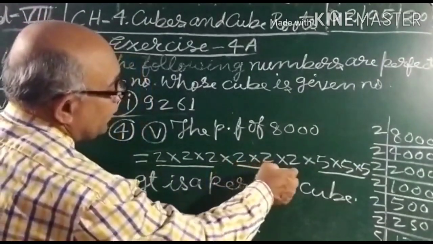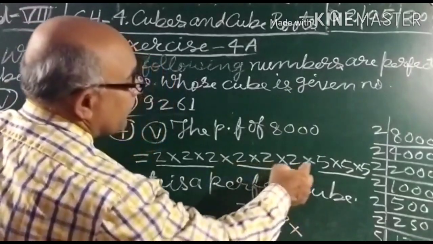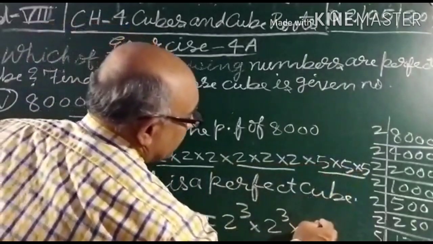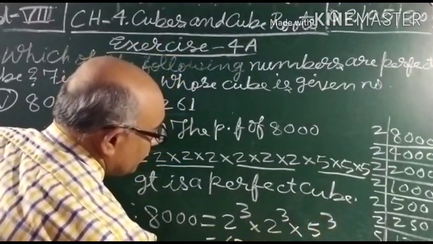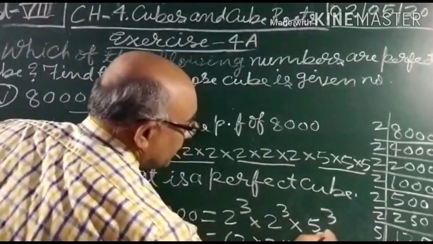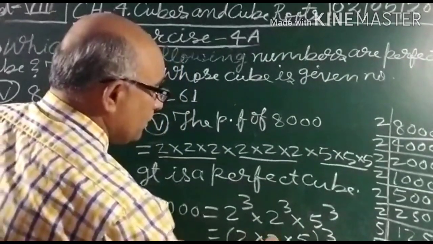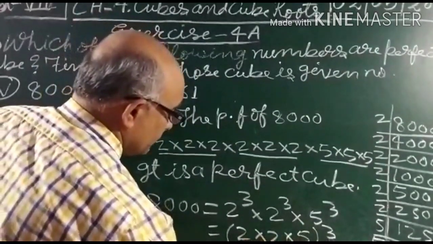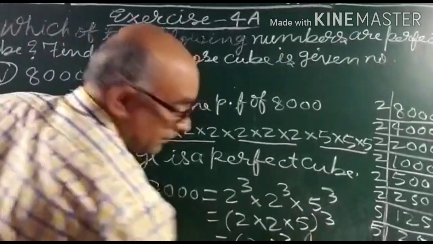Again 2 into 2 into 2, it means also 2 cube. Multiply 5 into 5 into 5, it means 5 cube, equal to 2 into 2 into 5 cube, equal to 2 fours are 8... 4 fives are 20. So it is 20 cube, answer.